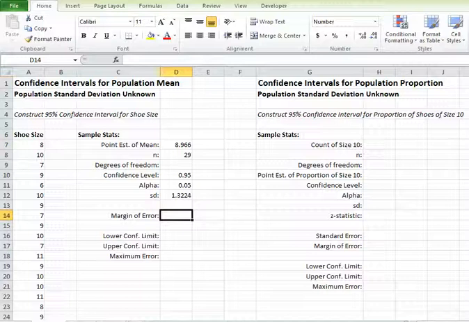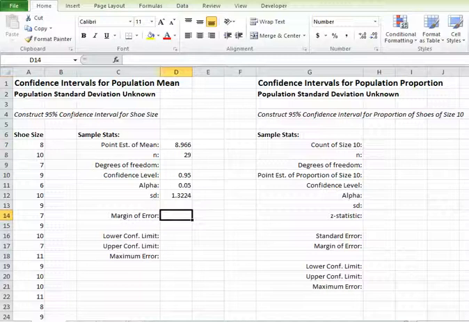Sorry, folks, I'm trying to find a page. Okay, yeah, just on the prior page, equation 8.1 in the middle of page 358 shows again what equation we would use if we knew the population standard deviation, but we don't. But anyway, let's look at that equation. It's x bar plus or minus the z statistic times sigma over the square root of sample size.